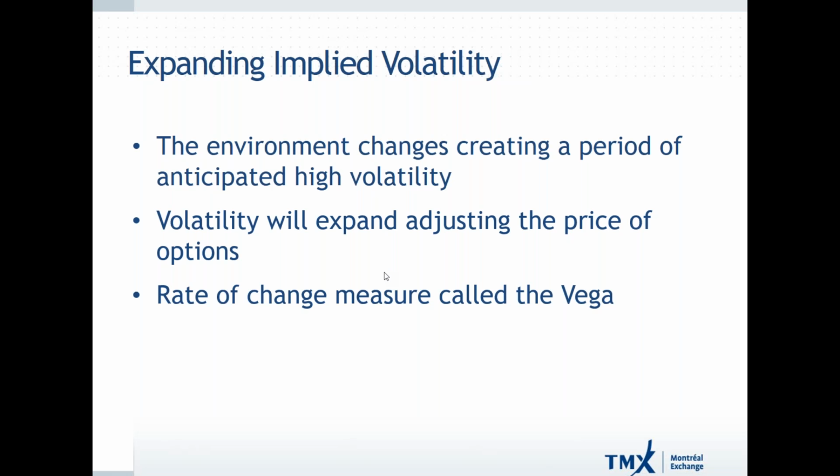Vega increases and decreases as a function of this adjustment in implied volatility, and that is used in the pricing equation for options. So the vega of the option contract would be factored into the mathematical pricing model, and typically it's the Black-Scholes model that's utilized.